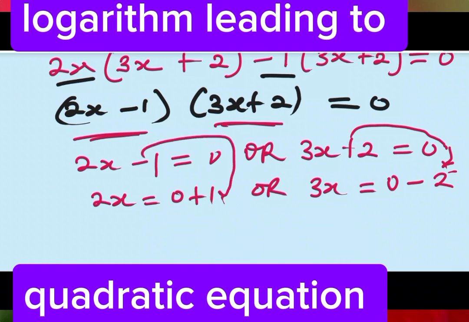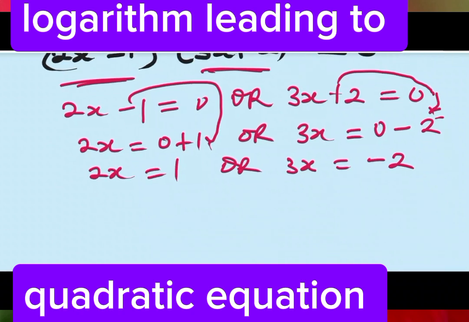Good. So here 2x is 1, or 3x equals minus 2. Dividing both sides by 2, and here dividing both sides by 3.